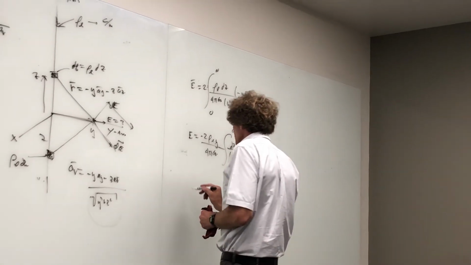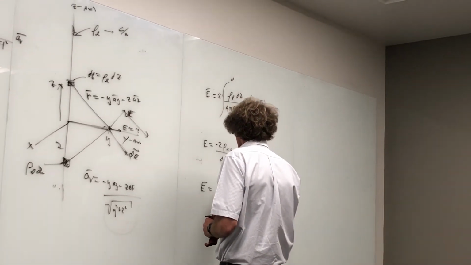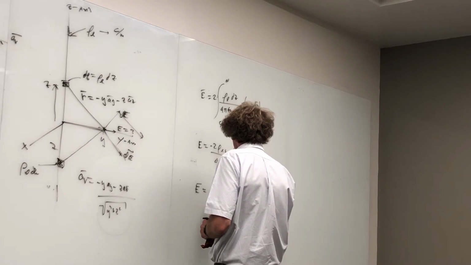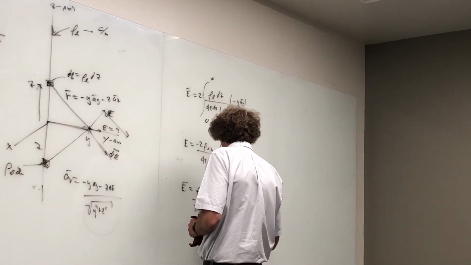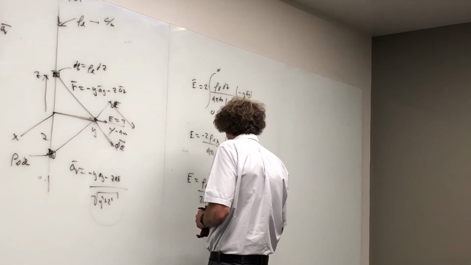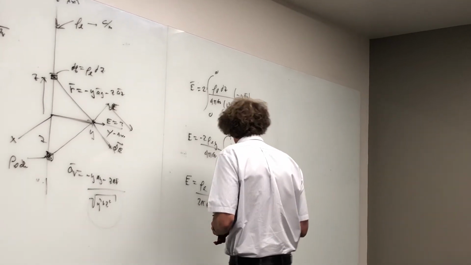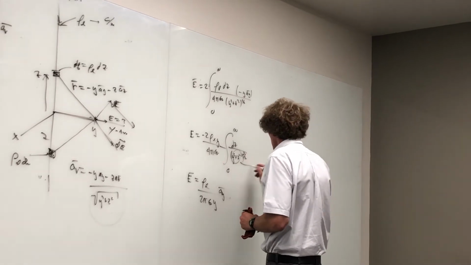So that would be equal to rho L over 2 pi epsilon naught y, and it would be in the ay direction.